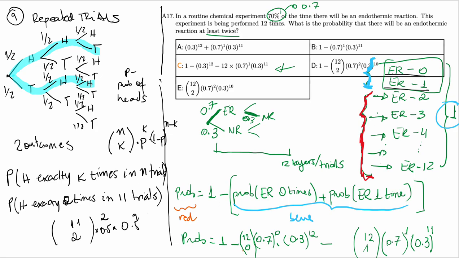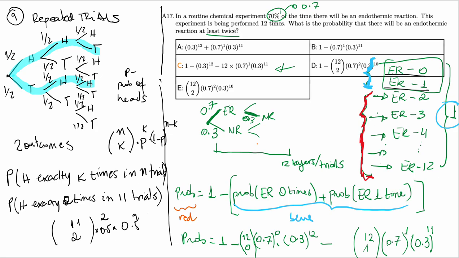12 choose 0, this notation in the binomial 12, 0, means the number of ways you can choose 0 from 12 things. Well, what's the way to do that? It's just do nothing. Don't choose.